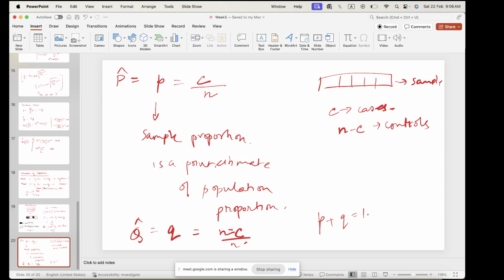Okay, so given this, how do we find out the variance, or rather the standard error of estimation of this population parameter, which is actually nothing but the proportion.